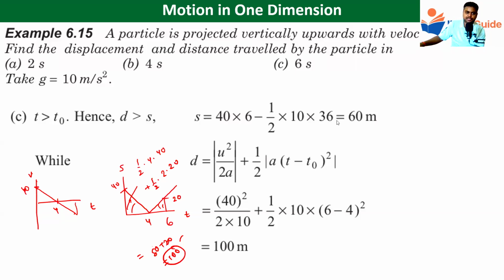How will we know that it retraces its path after the 4th second? We find when velocity is positive, and after that the velocity is going to be negative. So it goes like this, then it comes back. Till 4 seconds the velocity is upwards.